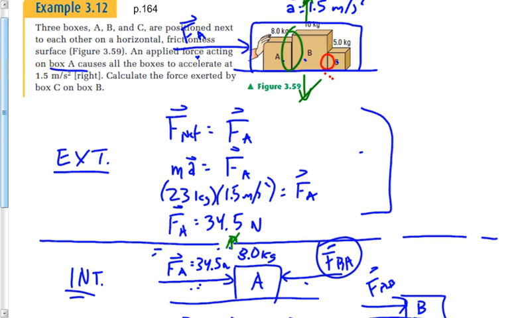But that force doesn't act directly on C. When we're drawing a free body diagram for object C, we need to include all the forces that act on object C. Here, we included that because FA acts on object A directly, whereas in the other one it didn't. It was an indirect force.